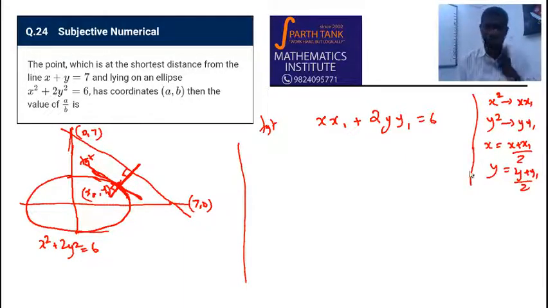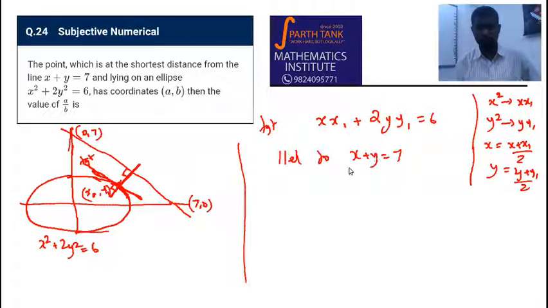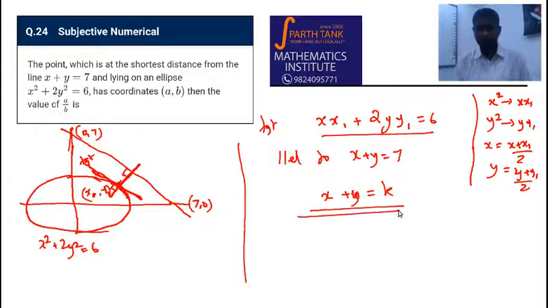This would give you the tangent to that conic at the point x1 comma y1. Now this tangent is parallel to x plus y is equal to 7. So this should be of the form x plus y is equal to some k, right?